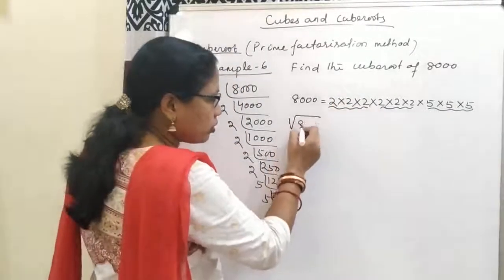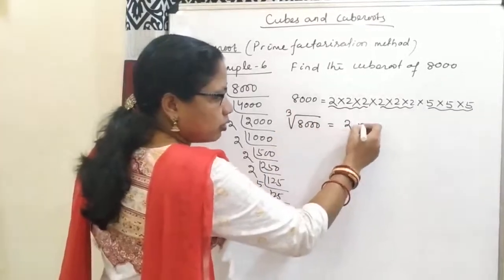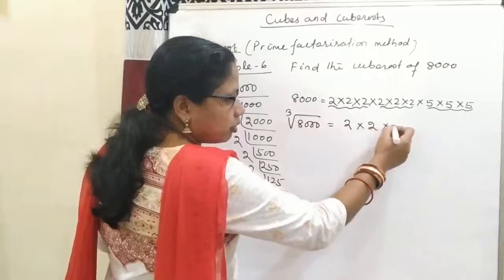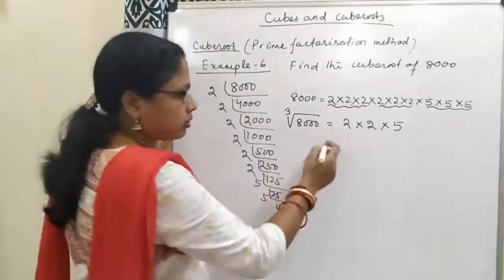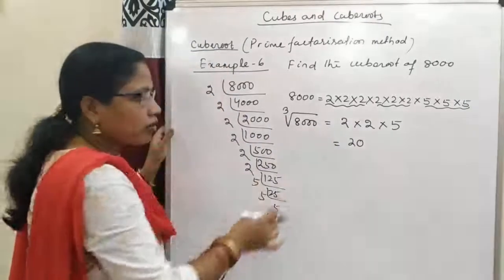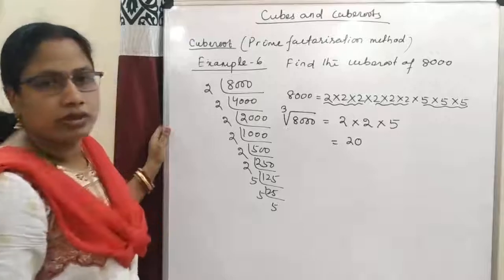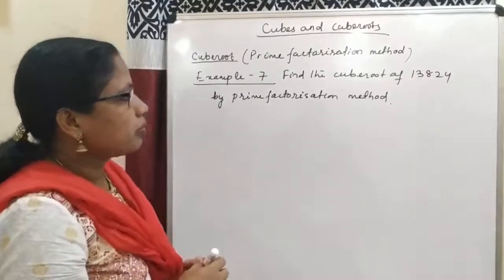So the cube root of 8000 is equal to 2 multiplied with 2 multiplied with 5. From 3 factors we have to take 1 factor. So this is equal to 20. So the cube root of 8000 is equal to 20.